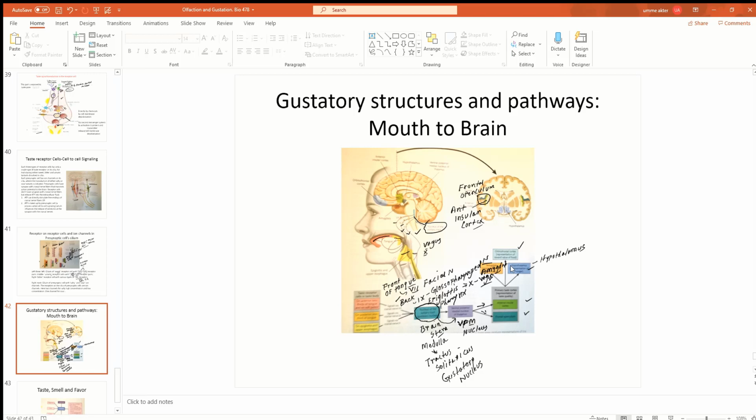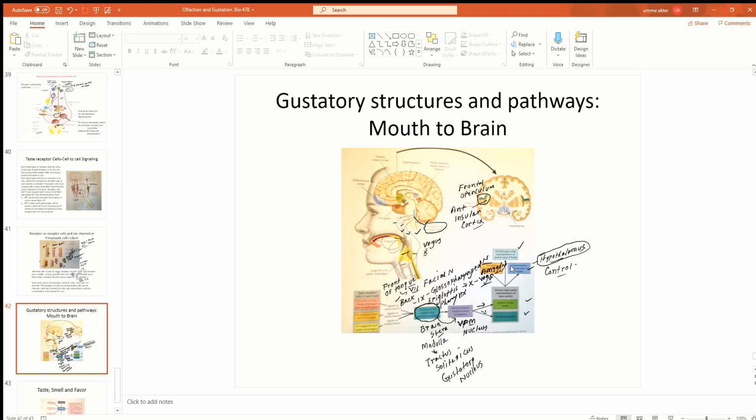The amygdala is responsible for emotion, right? The hypothalamus, in the last class I mentioned, regulates the release of hormones, which occurs in the body when you smell. The hormones are released and trigger many responses in the body. In this case, the hypothalamus plays a very important role in controlling food and water intake.